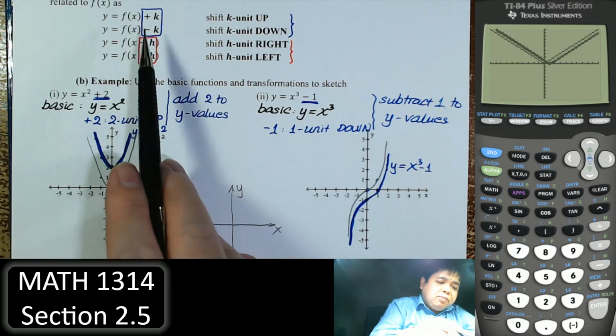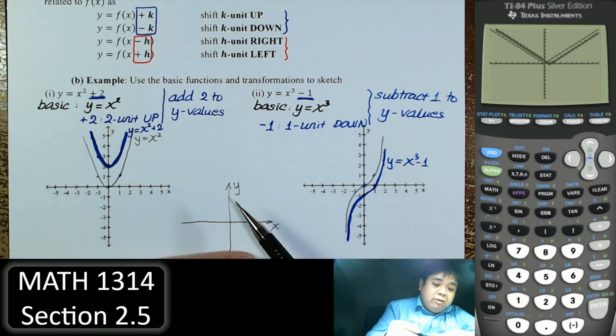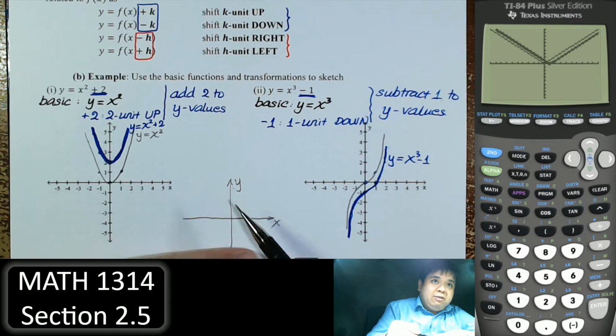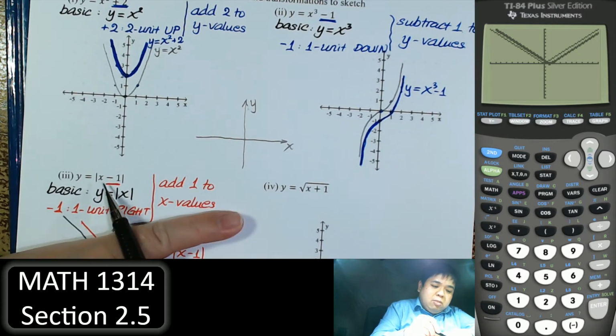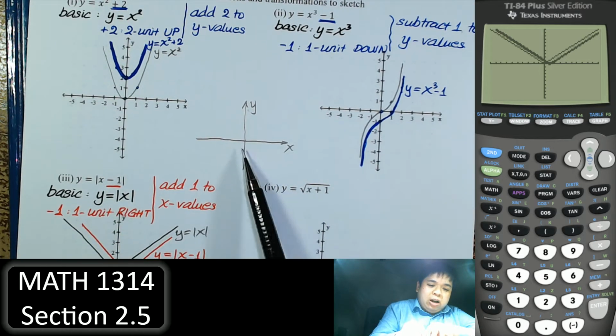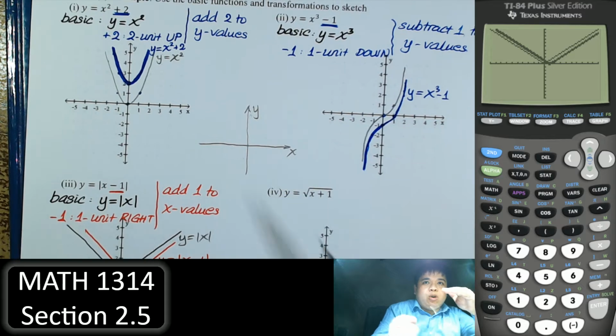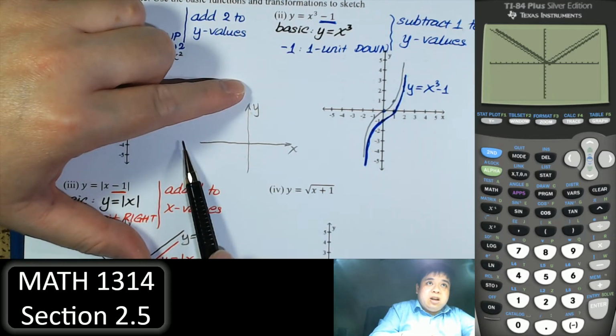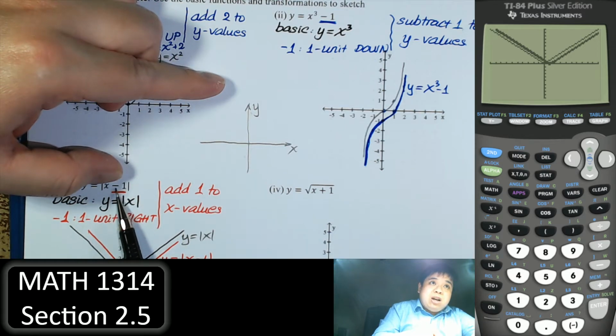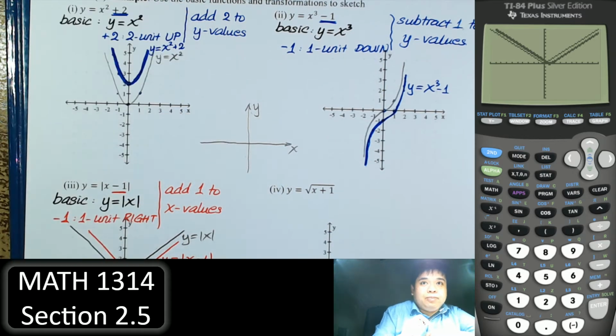So here when we add a positive, we go up, and negative go down, so that makes sense. However, on the x-axis it tends to be backward. This is -1, but we move to the right, where normally the right side of the x-axis is positive and the left side is negative, but this time it's -1, we actually go to the right.